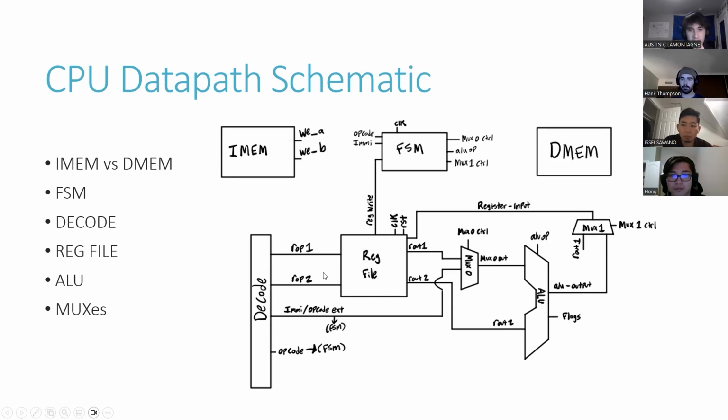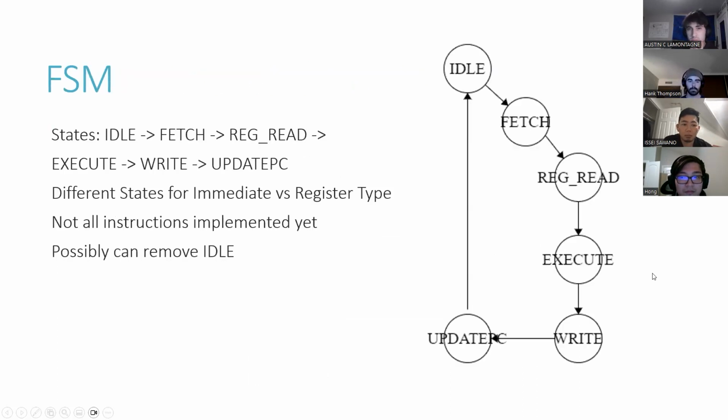And then the ALU obviously holds all of our different instructions and takes in the operation from the FSM. And then the muxes decide for certain things, like what we're writing to the register file, or what we're going to be passing to the ALU, if it's an immediate or a register function. And now passing it on to Hank.